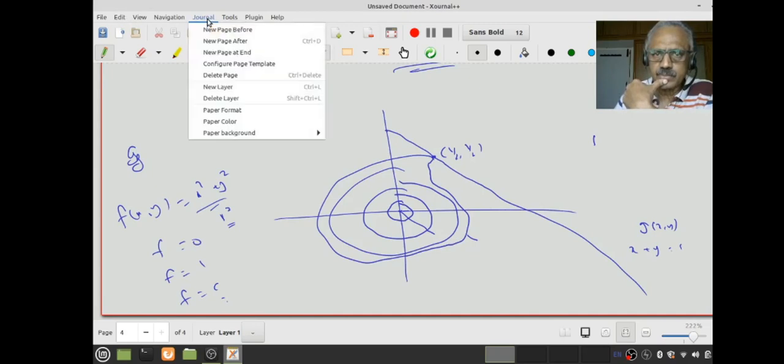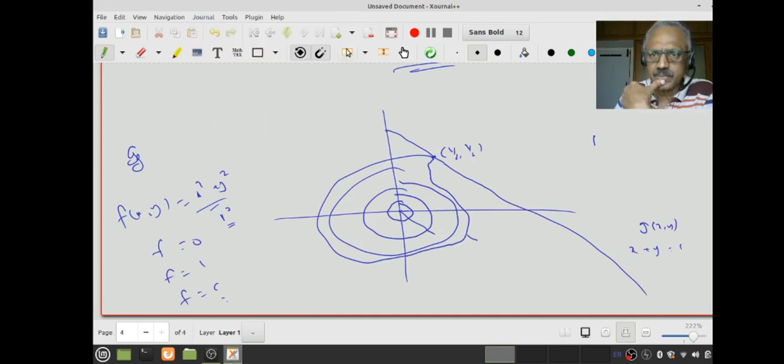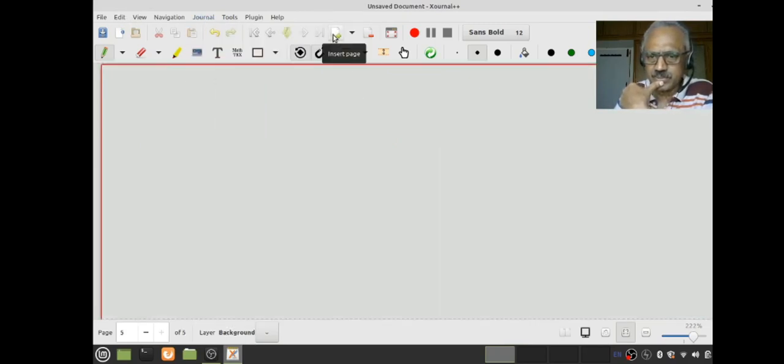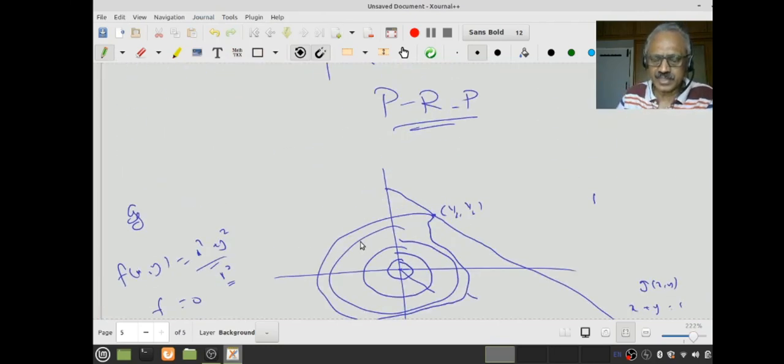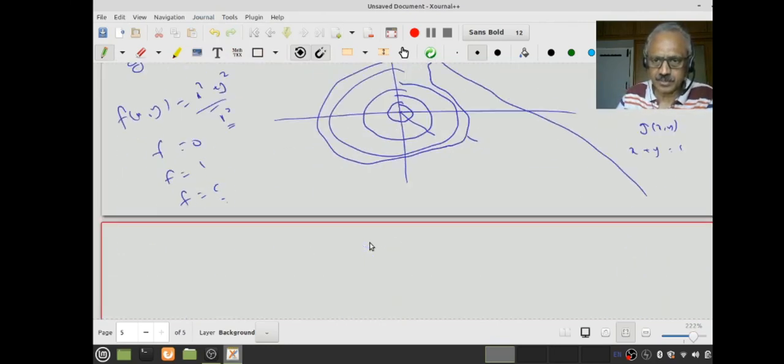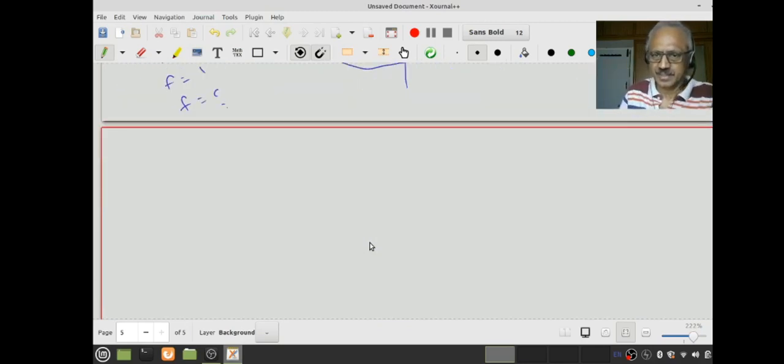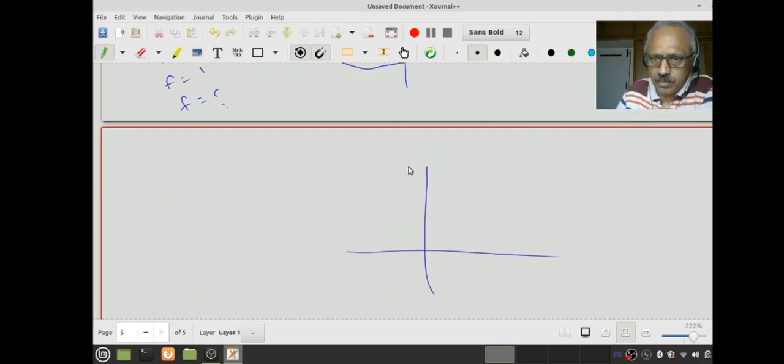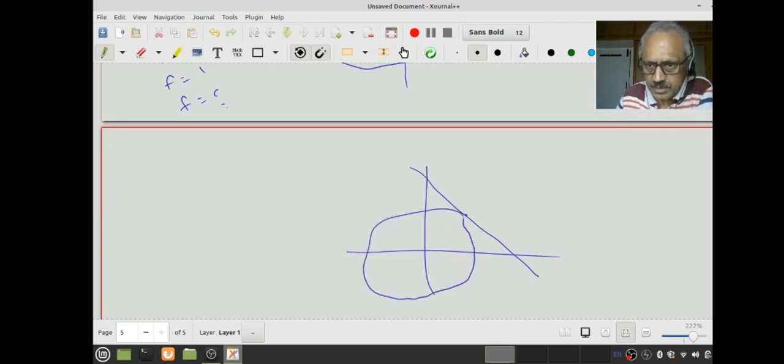Maybe I should do one more example. With that I will stop, because my picture doesn't look good. Please look at my second article, implicit functions. The computer-drawn pictures there are more convincing than my stupid pictures here. What the Lagrange multiplier says is that at the point of local extremum, this will be tangential.